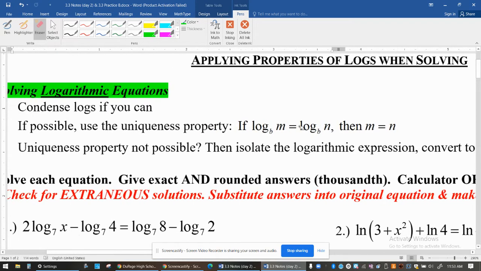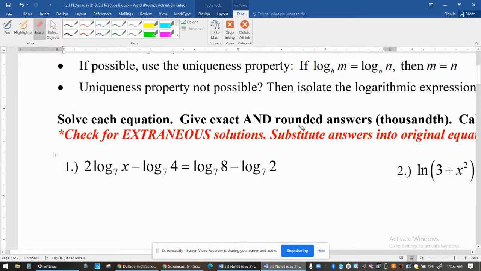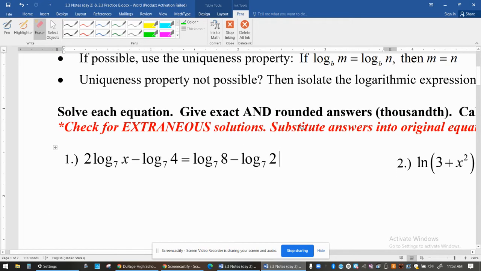You may use a calculator, but one of the important things you have to know is that the more complicated some of these equations get, it's possible that you might get some answers that don't actually work. So we're going to check for extraneous solutions. What you do with those is you substitute them into the variable x.